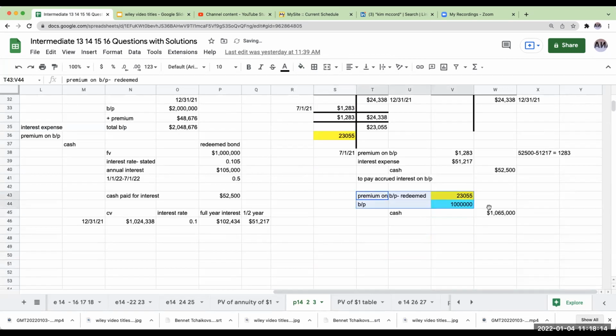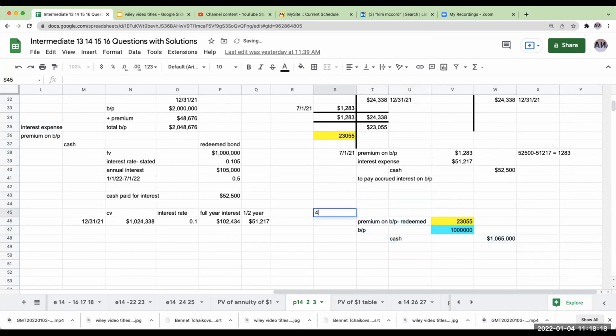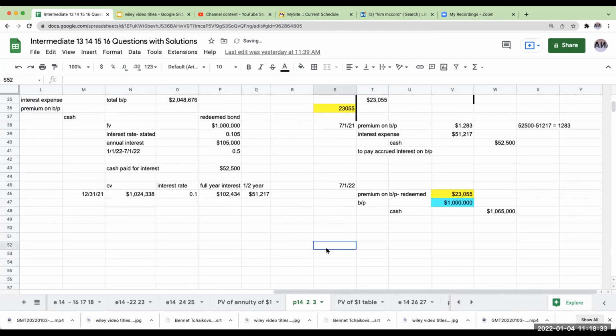Okay. So now the last part of this is going to be on 7/1/22. And then over here, what do I do at this point? Okay, so I need to have a balancing entry. Going back to my favorite journal entry of all time, which is when we sell equipment.